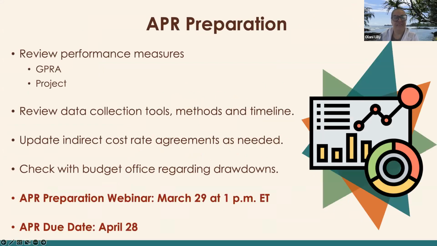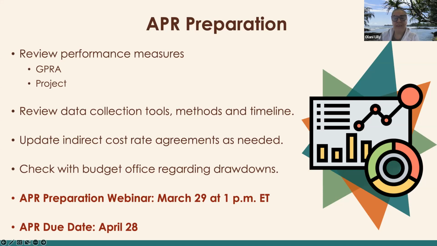Okay, it's APR preparation time. This is the time of the year where you want to look over and start to prepare yourself for the coming APR season. You want to make sure you are reviewing your GPRA and performance measures. Make sure you have the appropriate data collection methods and tools so that you can report on both your GPRA and project measures.